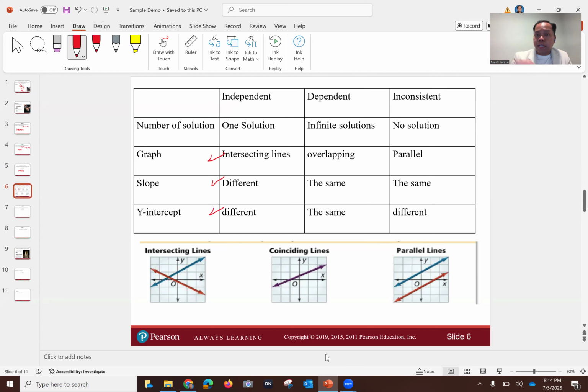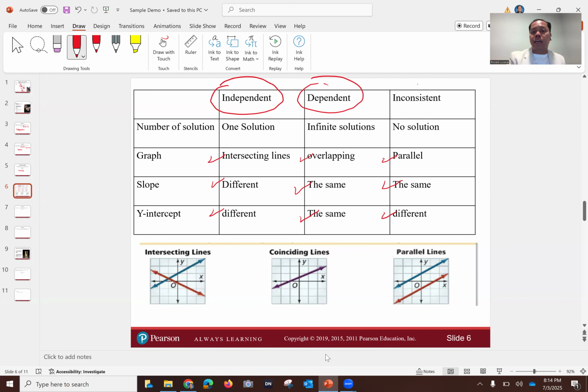From Jessa and Aryan, if the graphs are overlapping, the slopes are the same, the y-intercepts are the same. From our individual practice, if the lines are parallel, the slopes are the same, the y-intercepts are different. So meaning, even without graphing, we can determine whether the systems are independent, dependent, or inconsistent by just looking at their slope and the y-intercept.